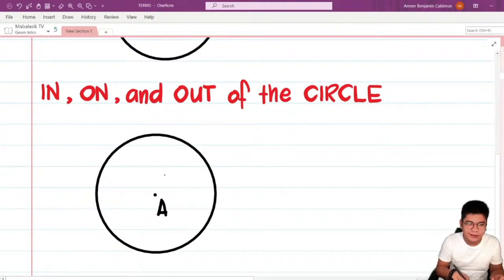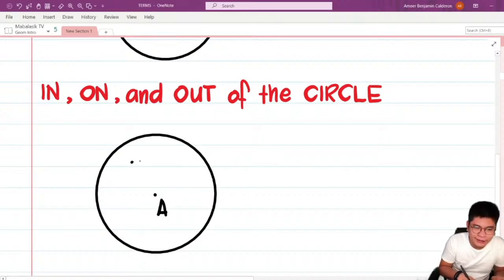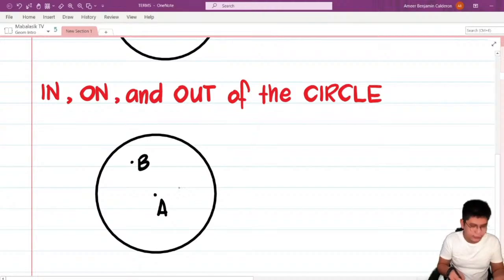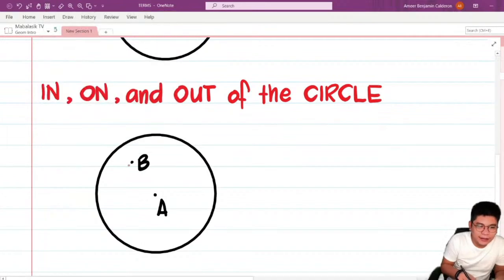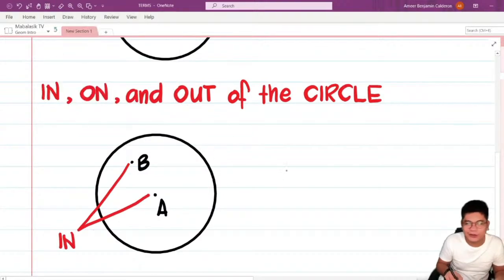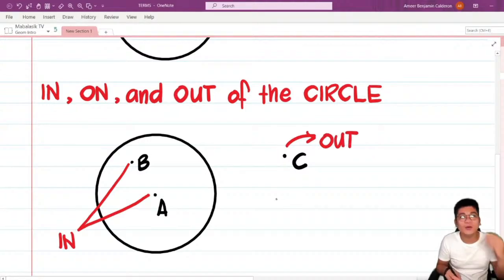Obviously, the center is in the circle. Pero syempre, kunyari, mag-identify pa tayo ng isa pa. Ayan. So, yung points A tsaka B, they are in the circle. Ito yung in. Okay? Yung out, obviously, kunyari, ito, C. This is out. Nasaan yung on?